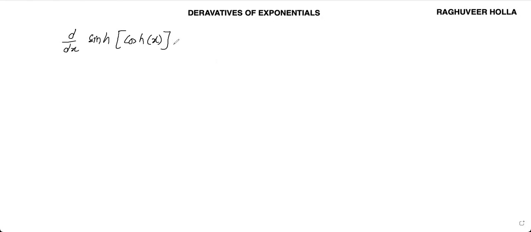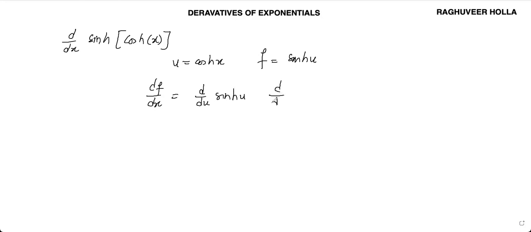Let us apply the chain rule here. So u is cosh x and f is equal to sinh u. So df by dx is d by du of sinh u and d by dx of cosh x.